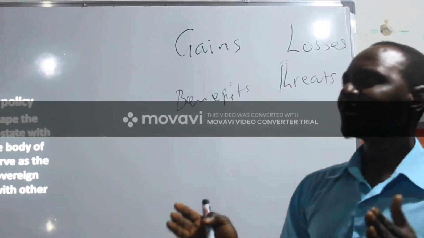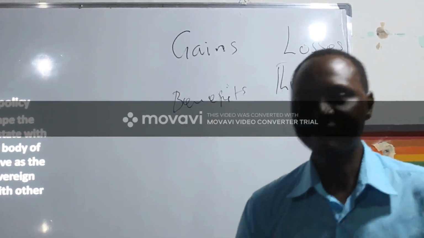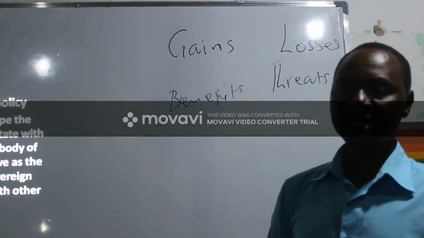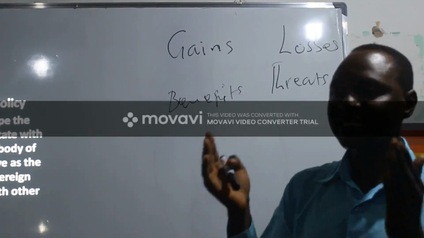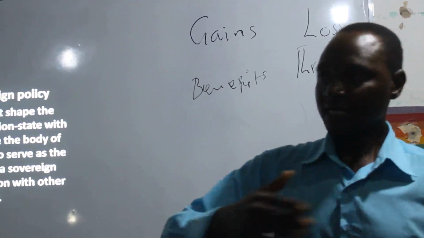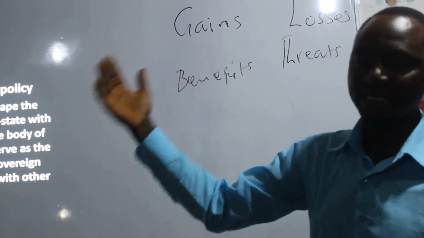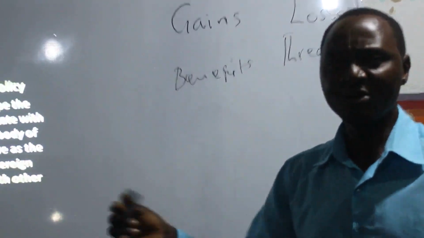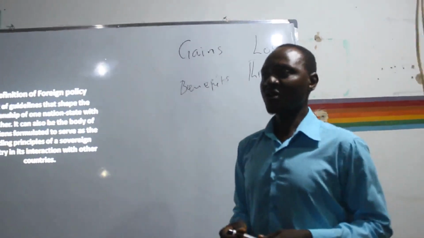Now, they said a tree cannot make a forest. And that's why we have what is called the interdependence of nations. Countries like the United States of America, very big countries, very advanced country.